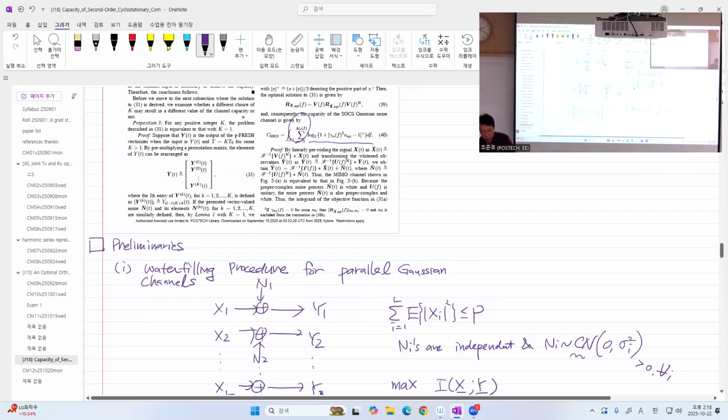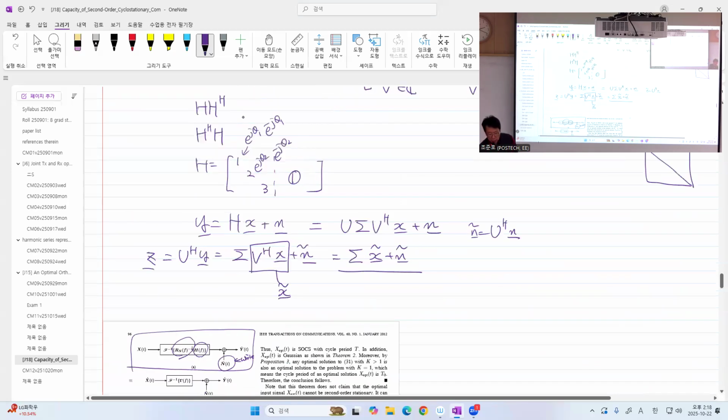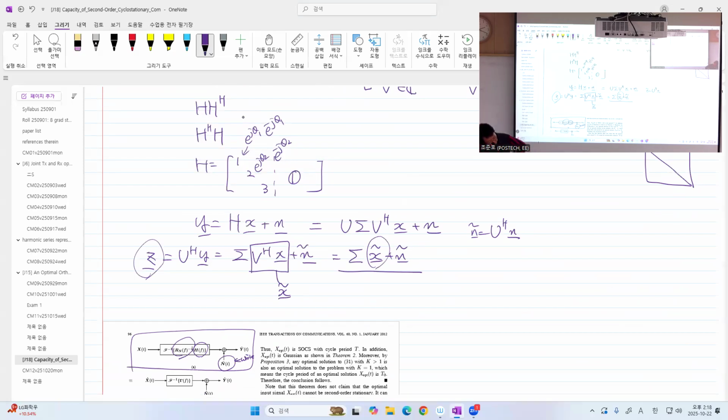The only difference is that since the lengths of X tilde and Z may be different, we may have some strange cases like this.